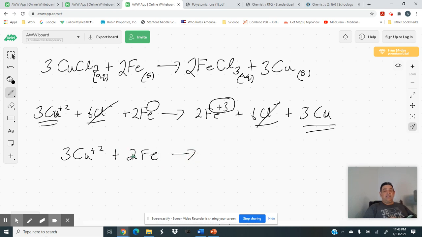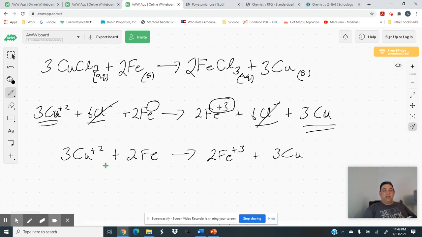No, this is not iron ions, they're atoms. Going to form 2 iron 3+ ions plus 3 copper atoms. Once again, if they're neutral, they're atoms. They're not ions. The ones with a charge are ions.